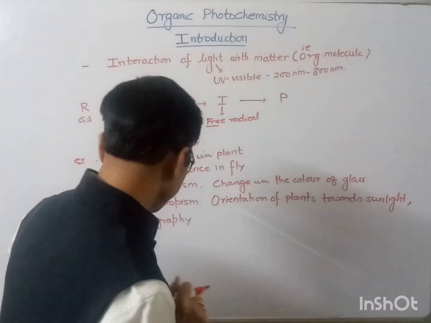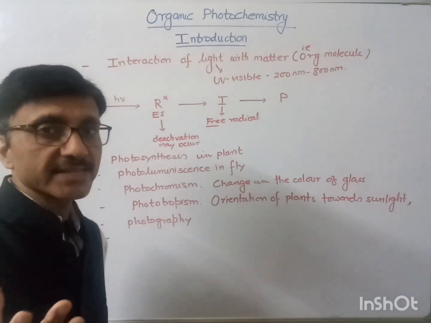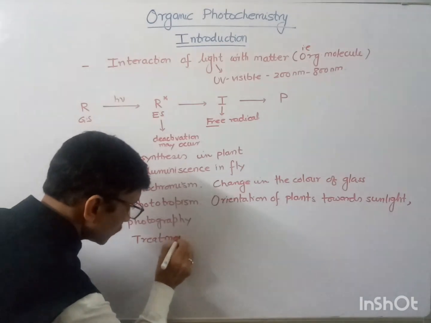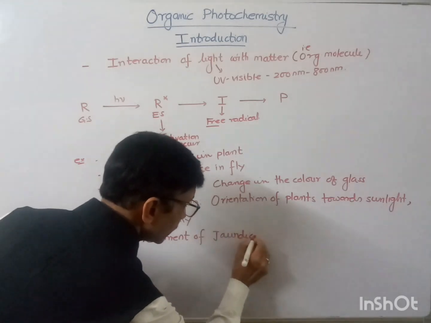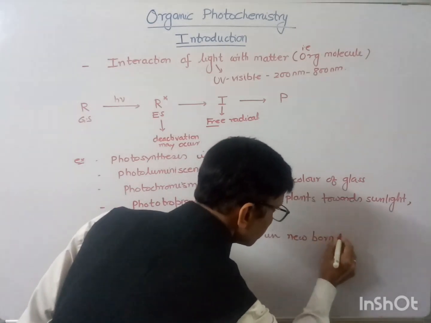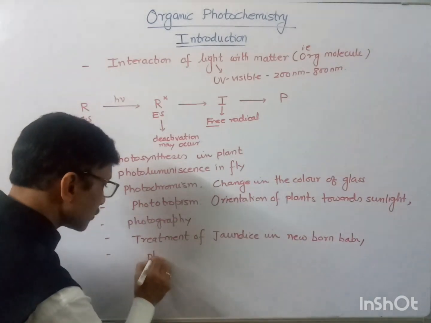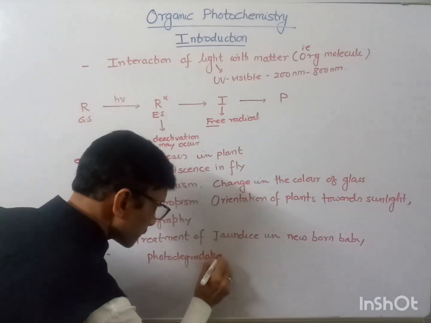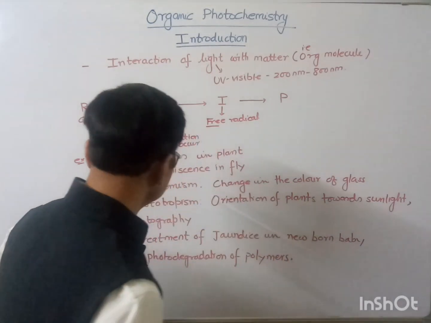Sometimes newborn babies suffer from jaundice, so they are advised to take sunlight. And then photodegradation of polymers. So these are a few examples of photochemistry.